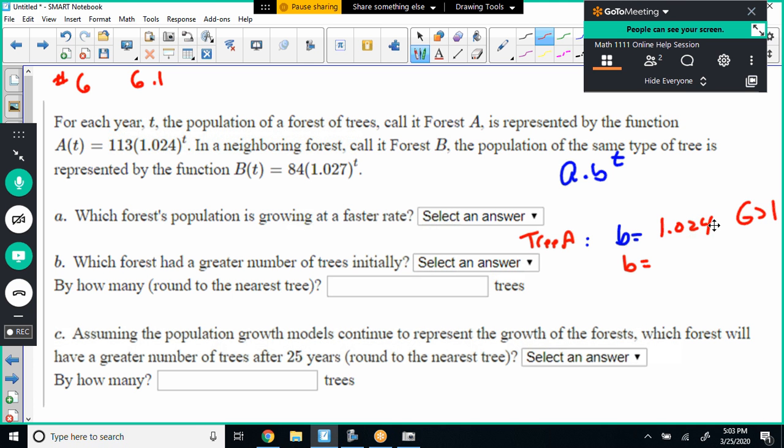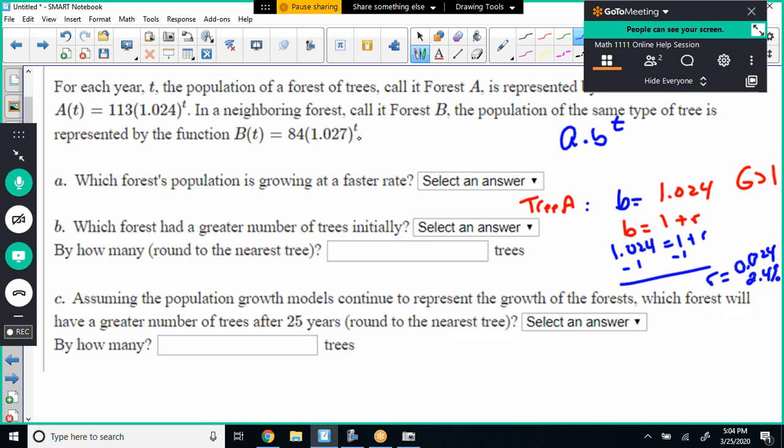The base is really 1 plus r. So 1.024 equals 1 plus r, minus 1, so we have a rate of 0.024, which is 2.4%.